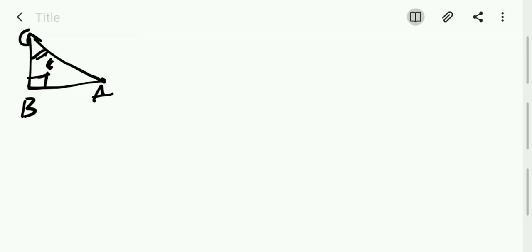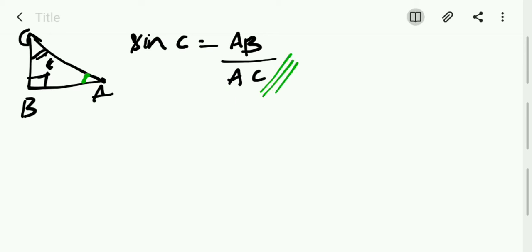Now what is sine C? AB by AC. Now please go back to angle A: for which trigonometric ratio did we get this answer?